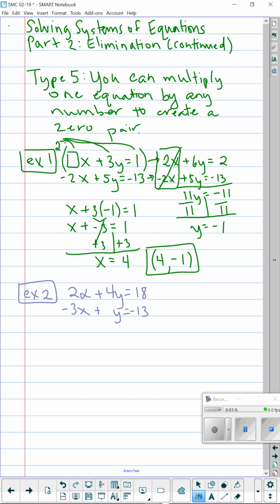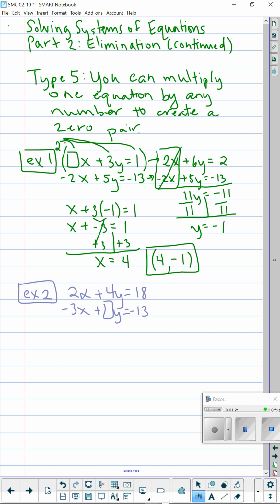So now I'm looking to see if there's a number that I can multiply one equation by in order to create a zero pair. And then right away, I notice that I have a space in front of that y in the second equation right here. So this is going to be very similar to example 1.